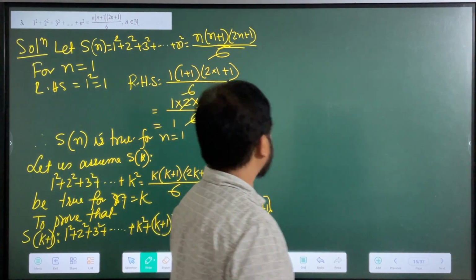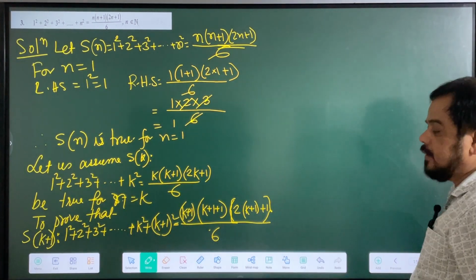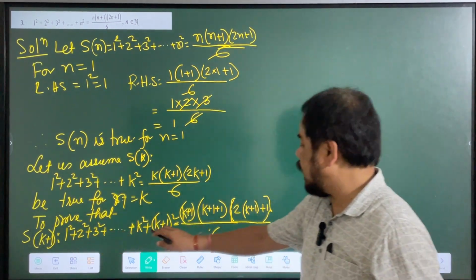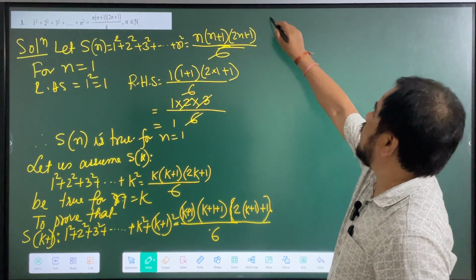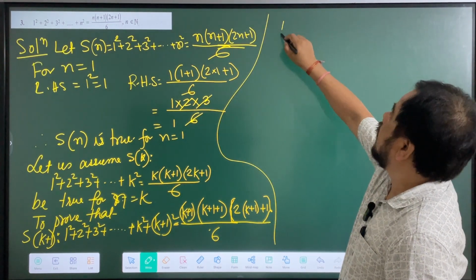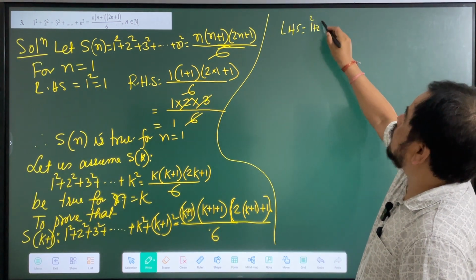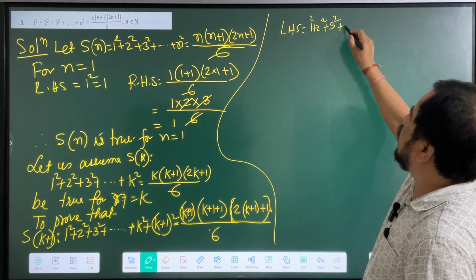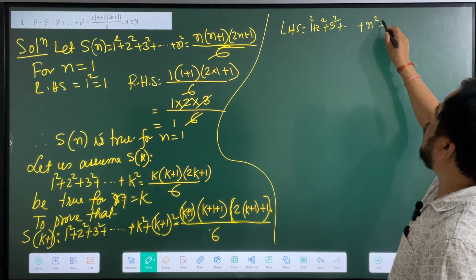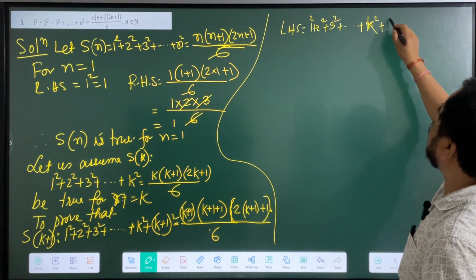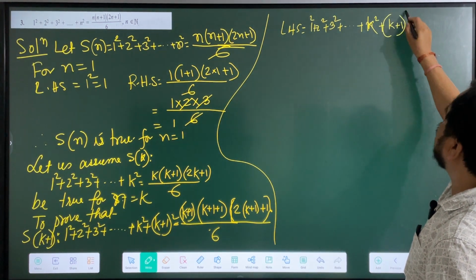Now we will do the calculation for the left hand side. Here to here, this is left hand side. Let us write left hand side: 1 square plus 2 square plus 3 square plus ... plus k square plus k plus 1 whole square.